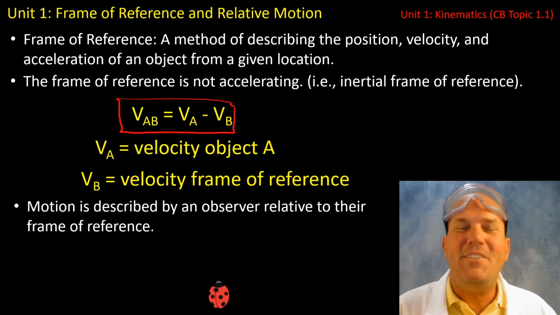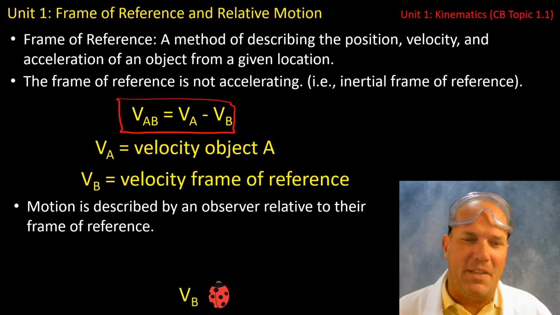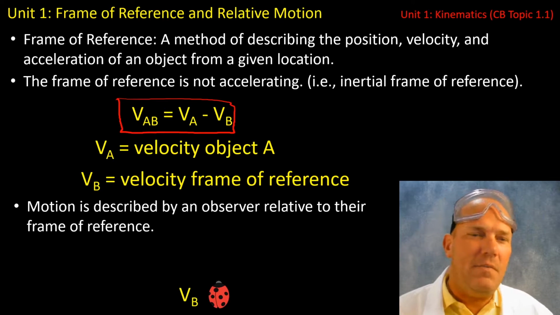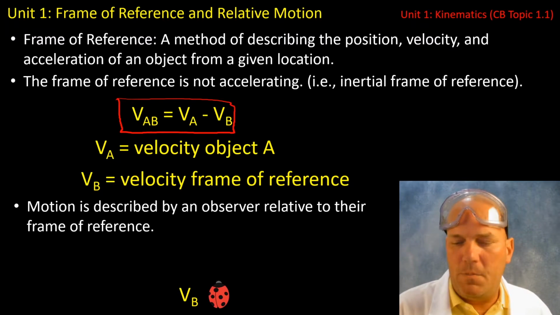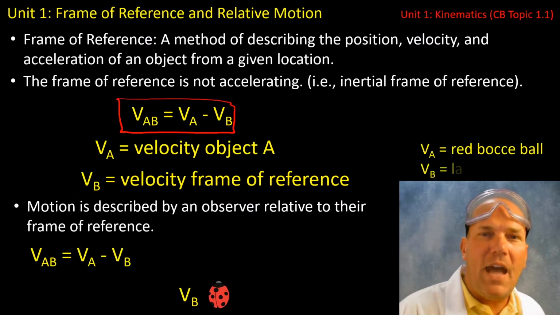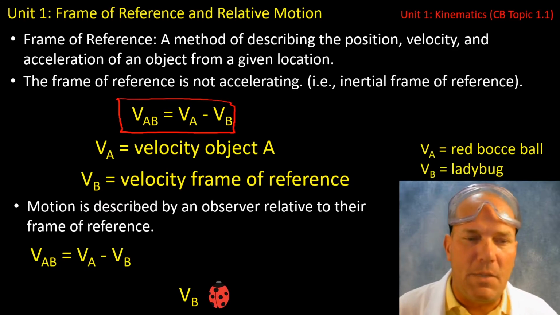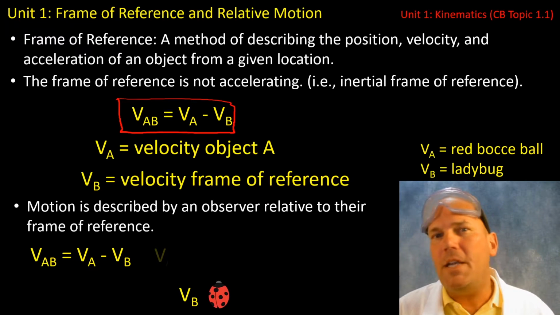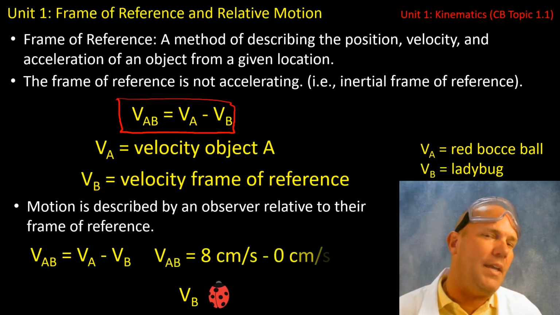Okay, now let's go ahead and calculate this. We have the velocity of our reference frame, which would be the ladybug that is stationary, and then we have the velocity of the red bocce ball that flew across the screen at 8 centimeters per second.